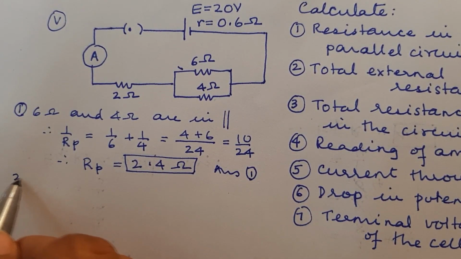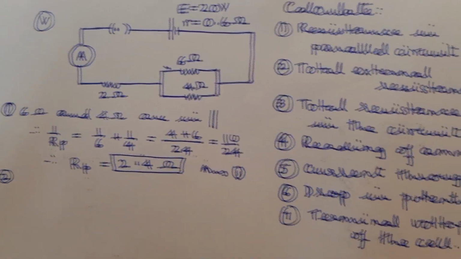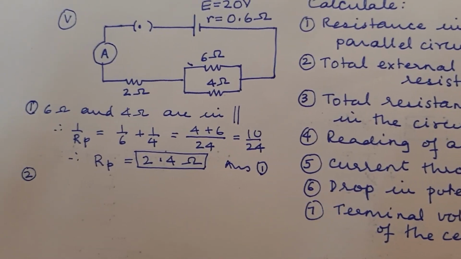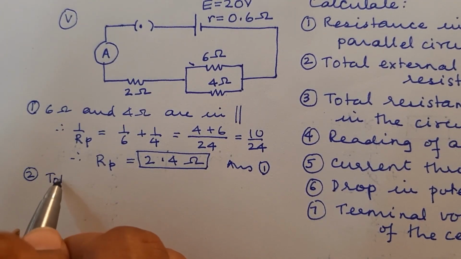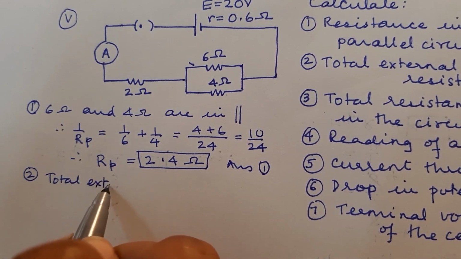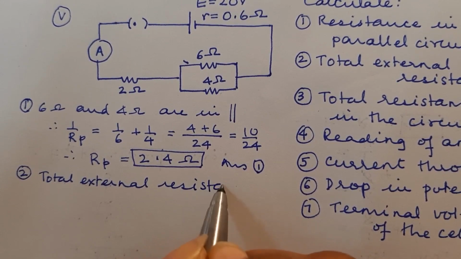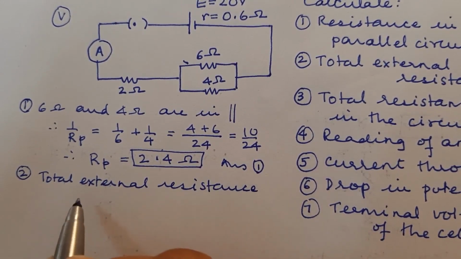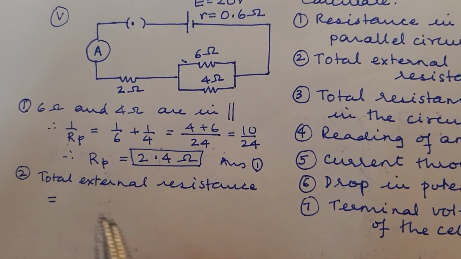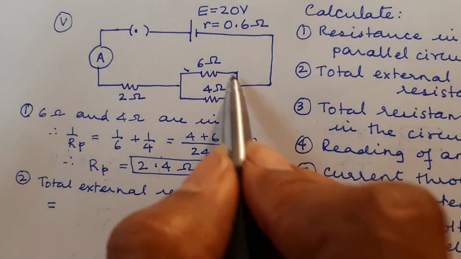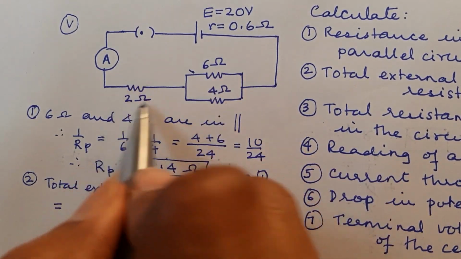Now we come to the second part, the total external resistance. So we will say total external resistance will be equal to Rp plus this.